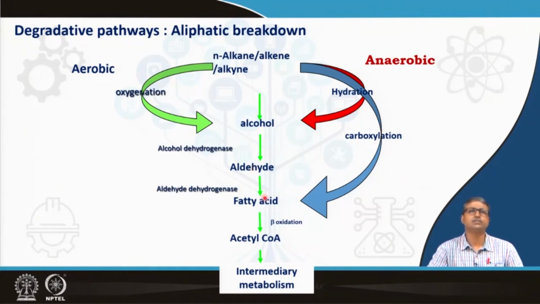Then the fatty acids will be subjected to beta oxidation, which is a part of regular central carbon metabolism. Following this fatty acid beta oxidation, the acetyl CoA molecules will be synthesized, and these acetyl CoA molecules will then participate in the tricarboxylic acid cycle type central carbon metabolism, and will be oxidized further, or they will produce different cellular precursors which will be useful for the cell biosynthesis process.